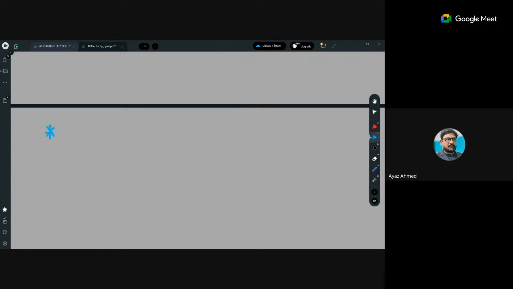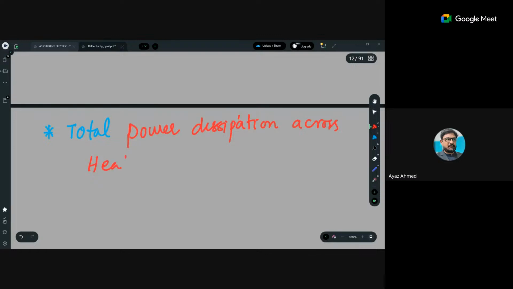you can calculate the total power dissipation now, the total power dissipation across the heaters. It is quite easy now. That can be of 3 marks.